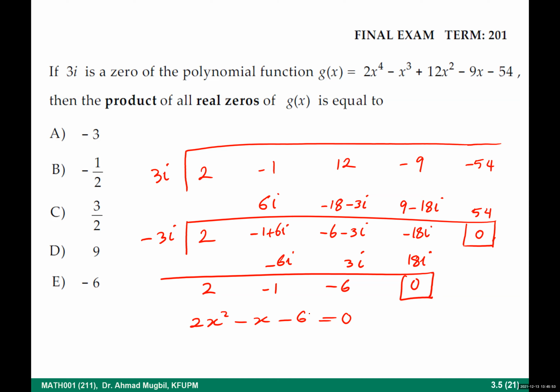But since he is asking about the product of real zeros, there are real zeros for this. Some of you said if the product is 0, then they are not real. No. So in fact here, since he's asking about the product of the real zeros, they are real.